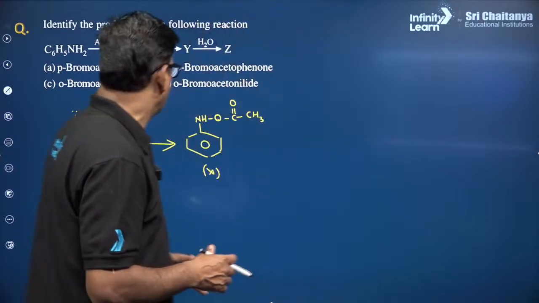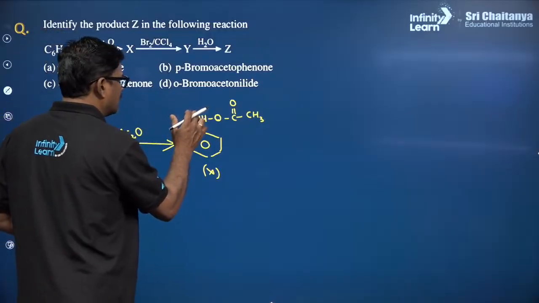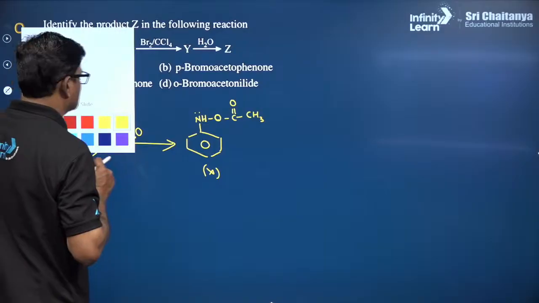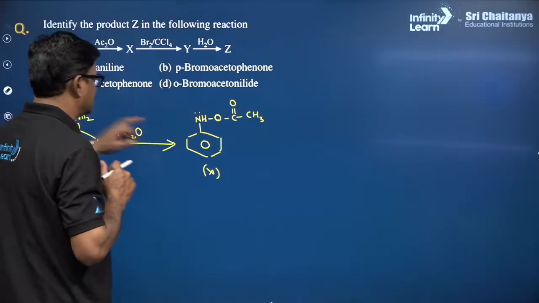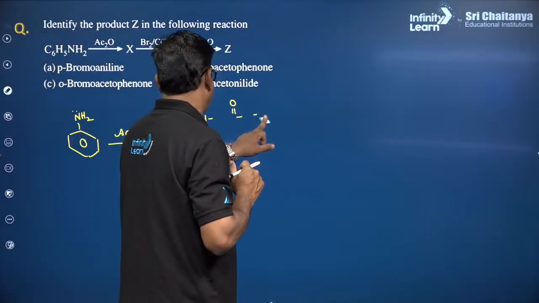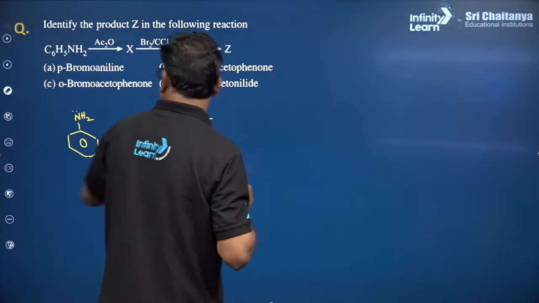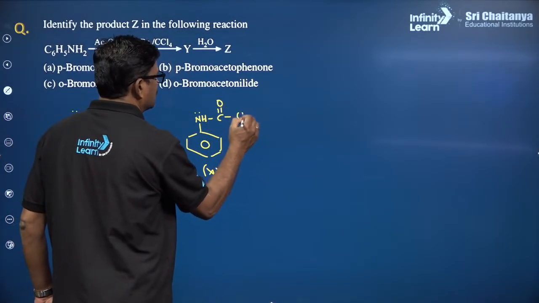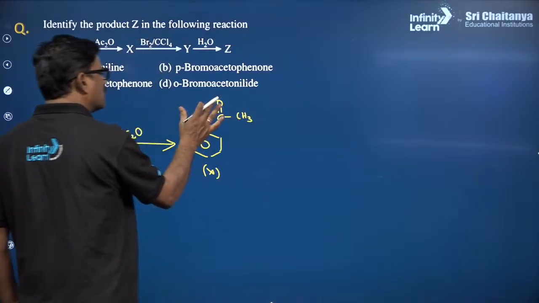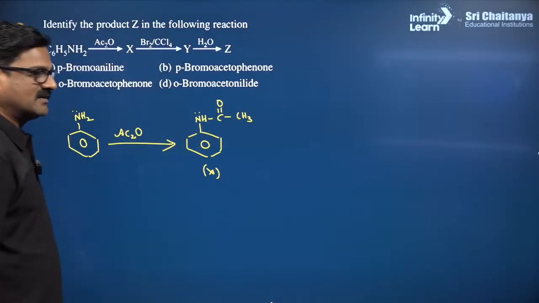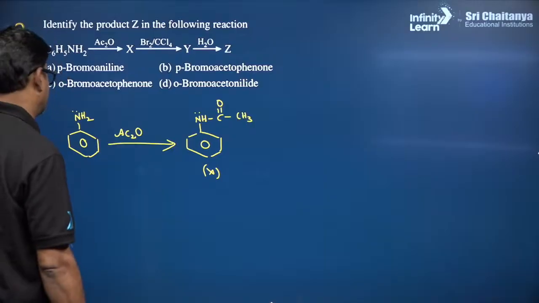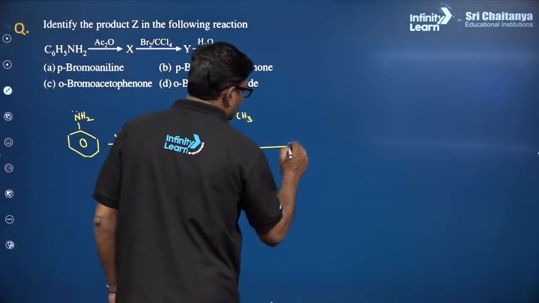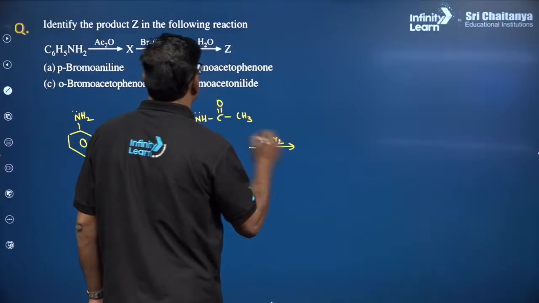To avoid that, this group is protected, and because of cross conjugation with the C double bond O CH3, the ring is going to be less activated; it was super activated. Now it is treated with Br2.